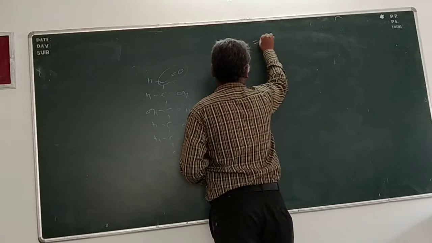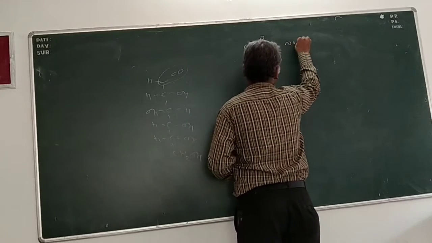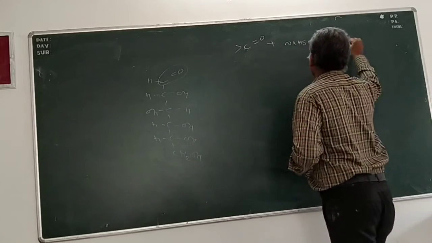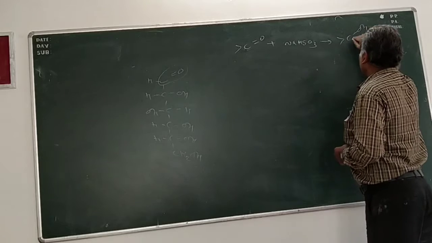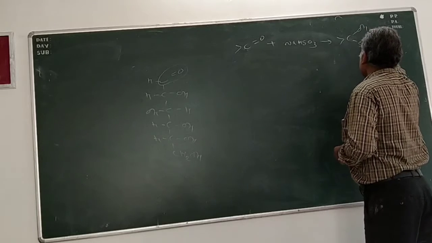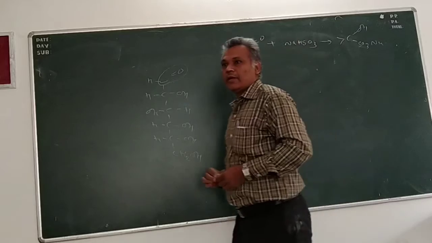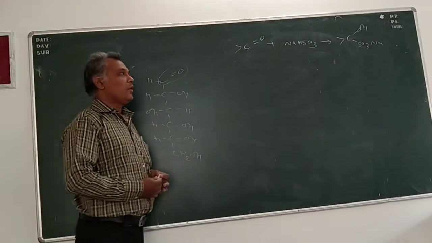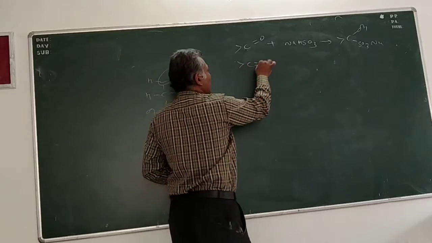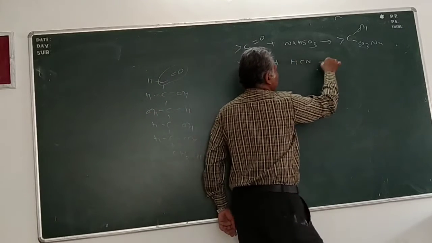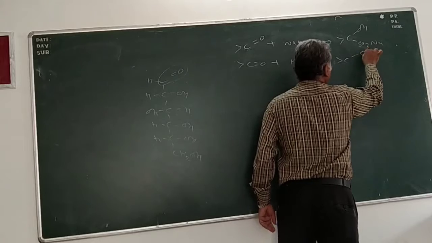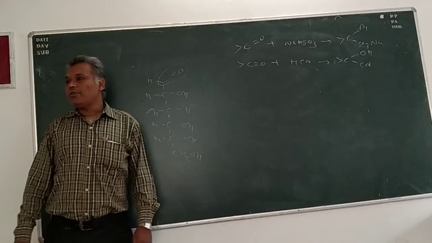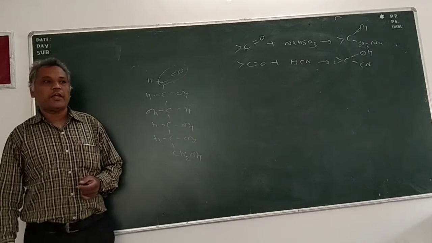If we have C double bond O, it reacts with NaHSO3 and gets converted into C(OH)SO3Na, right? This was one of the reactions we had. Similarly, the carbonyl group with HCN produces cyanohydrin. Aldehyde and ketone give us nucleophilic addition reactions.